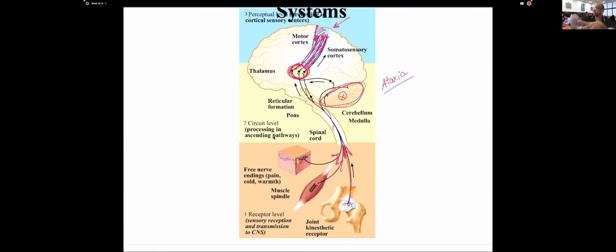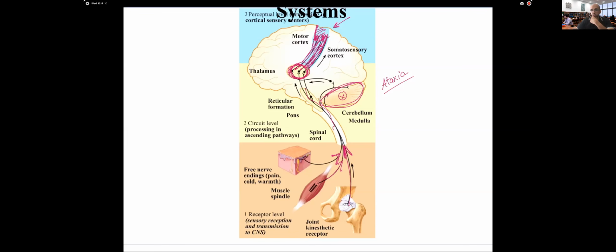So you see, all those sensations need to go to subconscious brain areas like the cerebellum, and the cerebellum is going to use all the sensations to perform a coordination of the muscle movements to maintain your body balance.